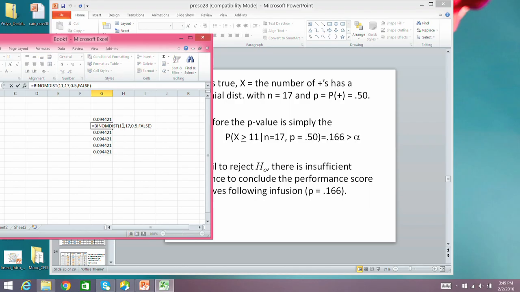So this will become 12 out of 17, then this will become 13 out of 17, 14 out of 17, 15 out of 17, 16 out of 17, and finally this will become 17 out of 17.